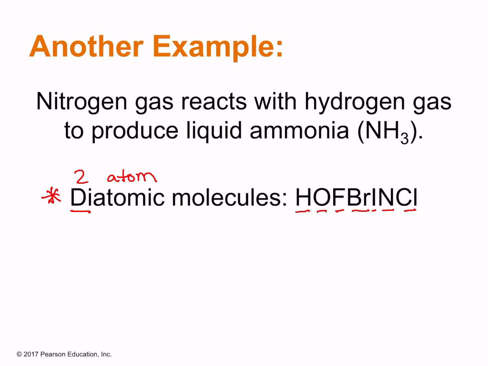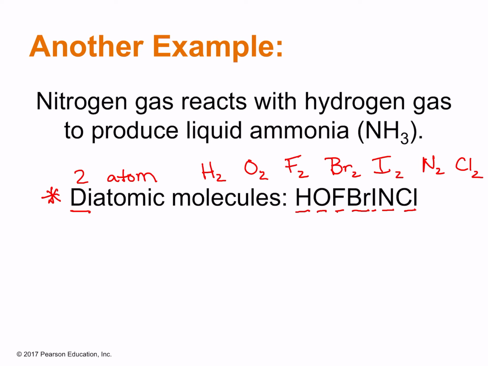So anytime you see one of these elements, hydrogen, oxygen, fluorine, bromine, iodine, nitrogen, or chlorine, if they are by themselves, they are going to get a 2 after it. So this would be like H2, O2, F2, Br2, I2, N2, or Cl2.